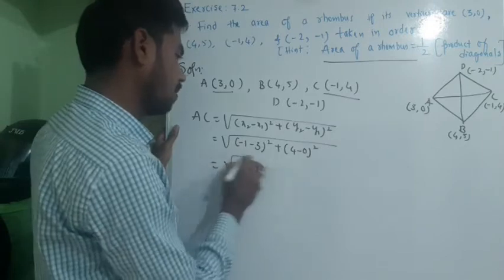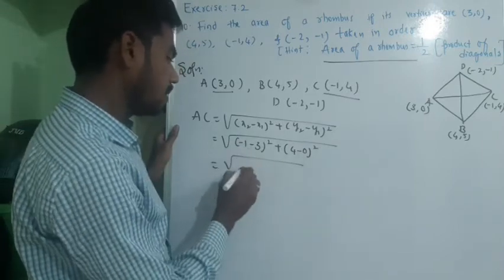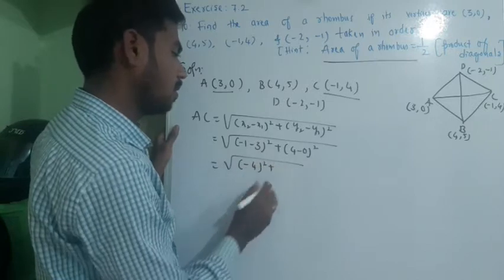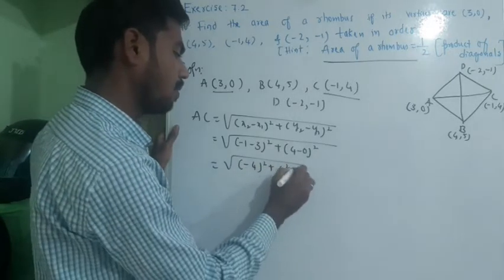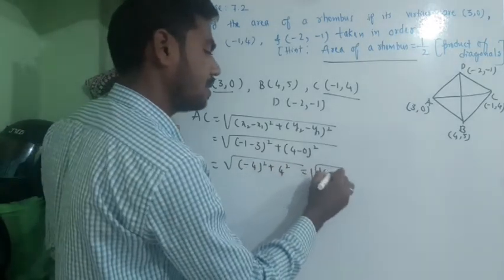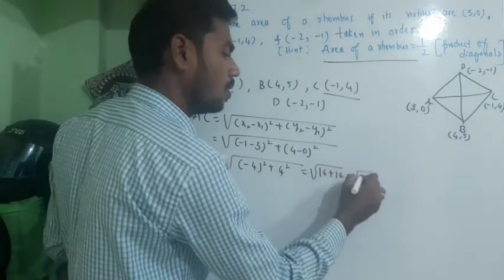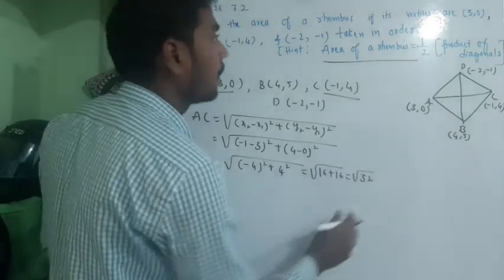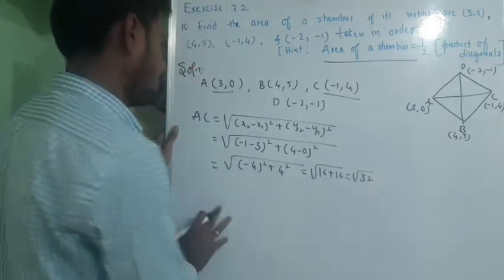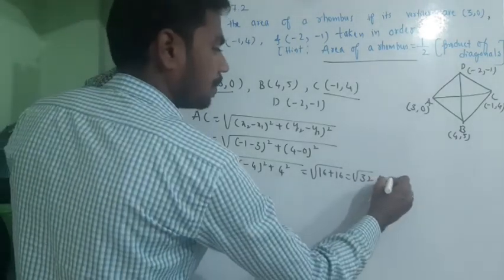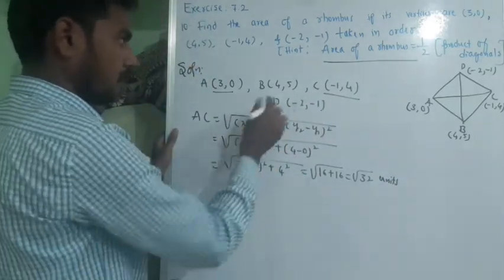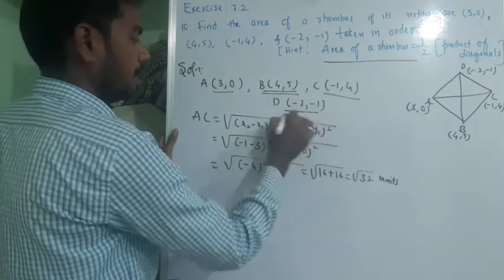Fine. Minus 1 minus 3 is minus 4, square, plus 4 square, which is equal to 16 plus 16, which is root of 32. Keep it as it is, 32 units. Next, BD.